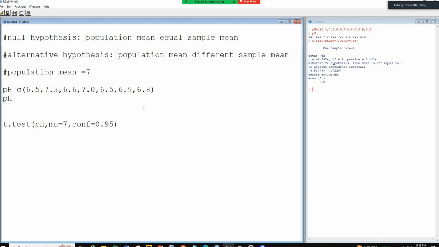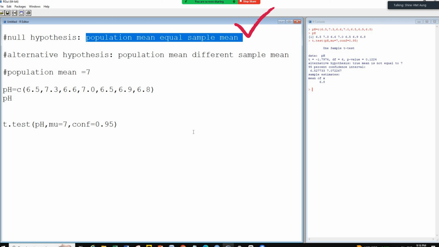When we calculate the one sample t-test, we state a hypothesis: there is a null hypothesis and an alternative hypothesis. The null hypothesis is that the population mean is equal to the sample mean. The alternative hypothesis is that the population mean is different from the sample mean. When we get the result, the p-value is 0.1224. That means there is no significant difference between the population mean and the sample mean. That's why finally we can determine that the population mean and the sample mean are almost equal.